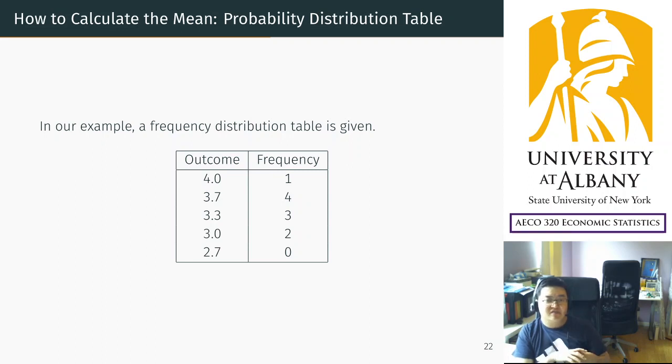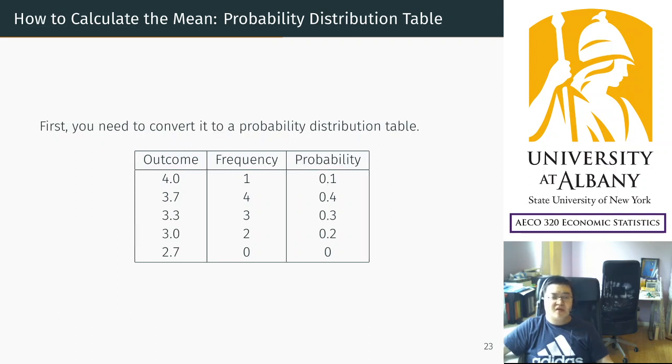In our example, we don't have the probability distribution table at first. Instead, the first step summary was a frequency distribution table. And from this frequency distribution table, you can calculate probability, right?